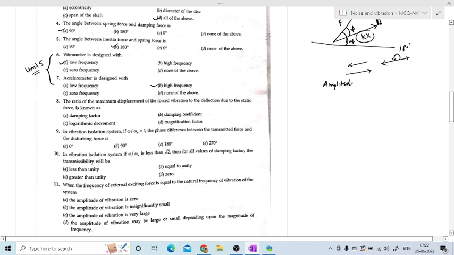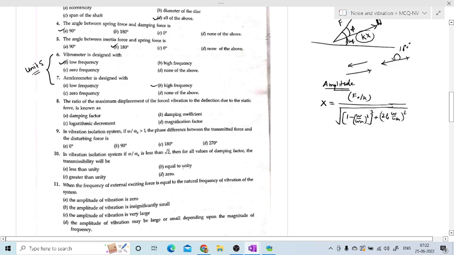Amplitude, for forced vibration, is given by x is equal to f naught by k divided by root of [1 minus (omega by omega n) square] whole square plus [2 zeta omega by omega n] square.